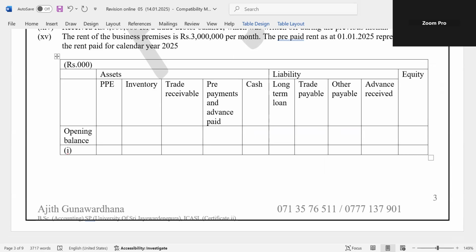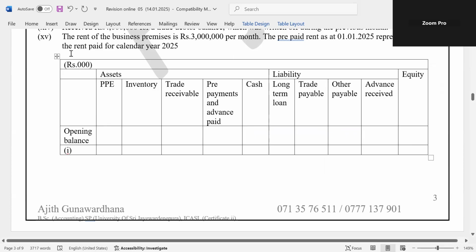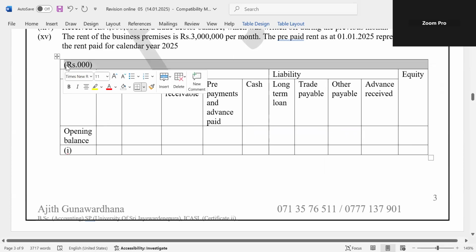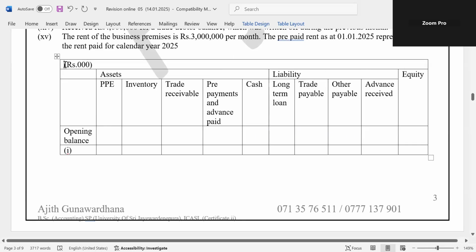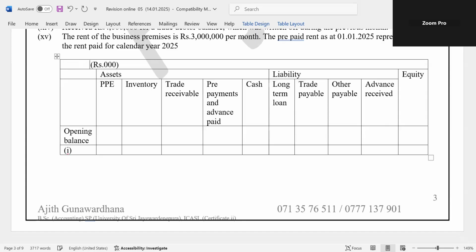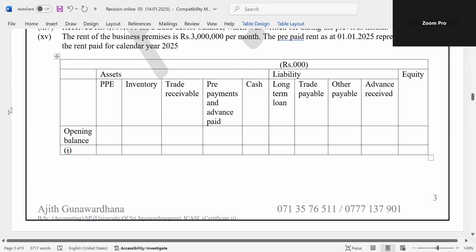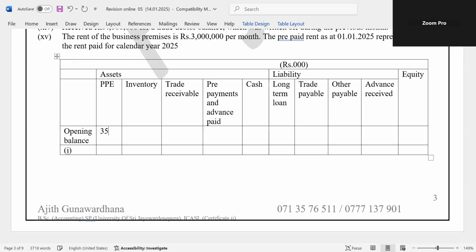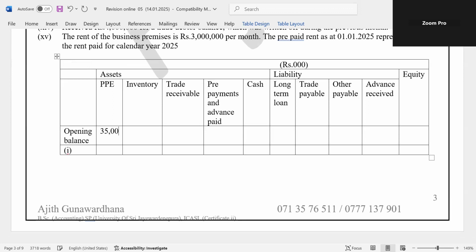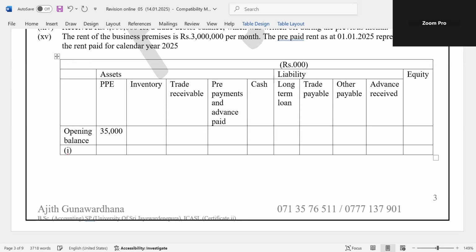At first, record opening balances. There are 15 transactions. This is like the 2020 paper. Opening balance is given. Property, plant, equipment is given as 35 million, as well as inventory 39 million.